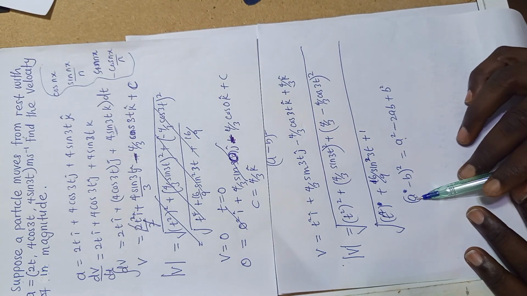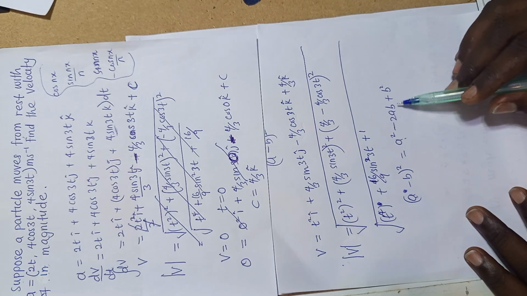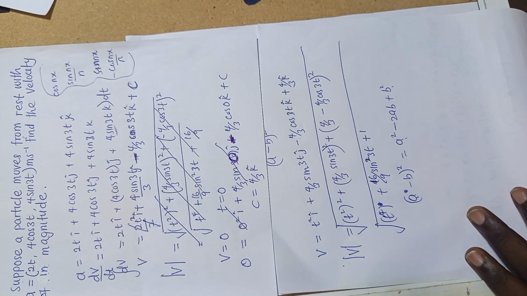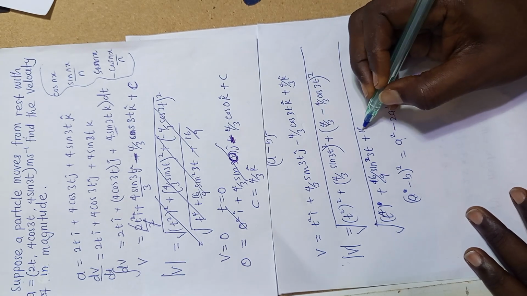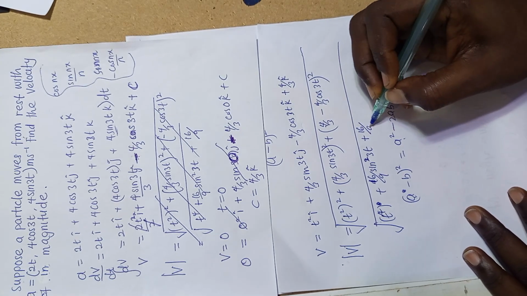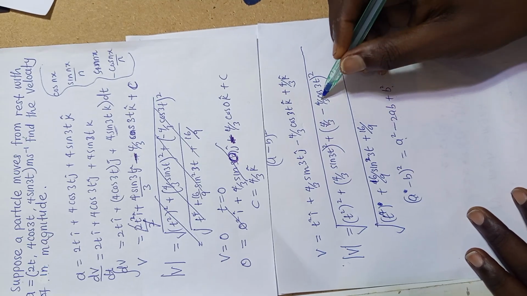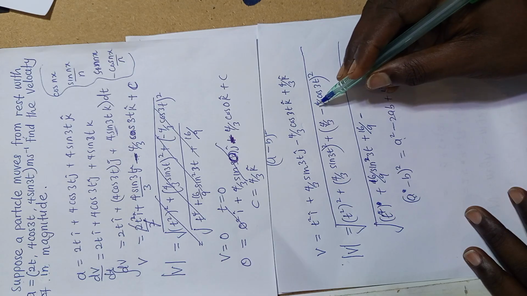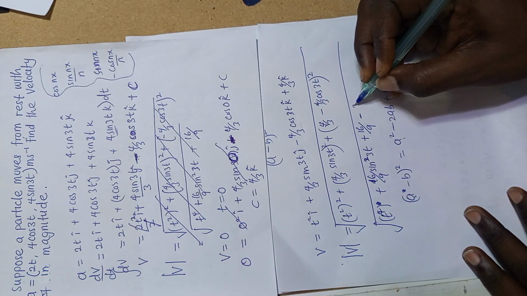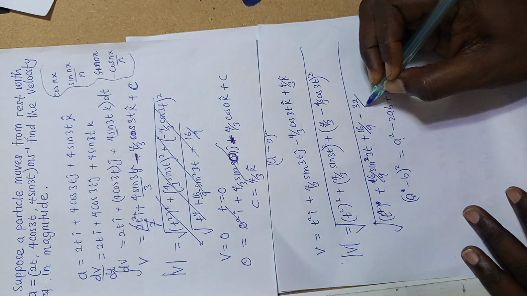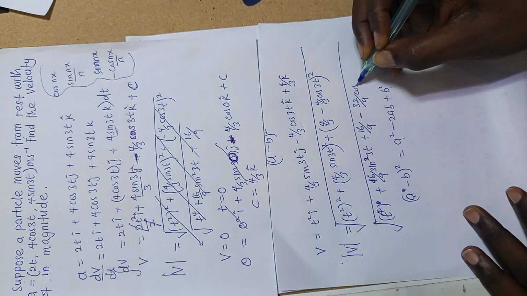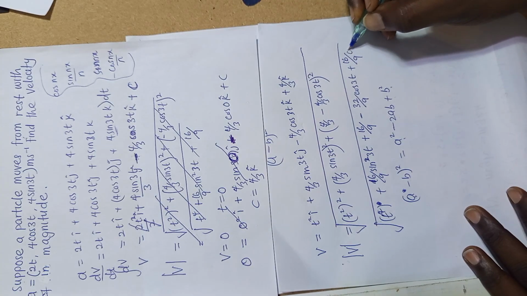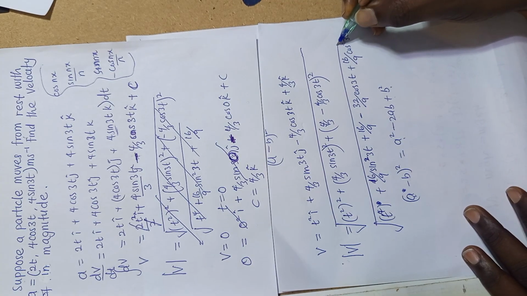Square this one: a square, a times minus b times 2 is minus 2ab, then b square. Here we have square this one, 16 over 9, then this times 4 times 2, minus 32 over 9 cos 3t, plus square this one, I got 16 over 9 cos square 3t.